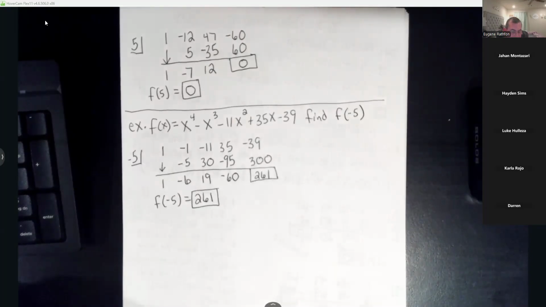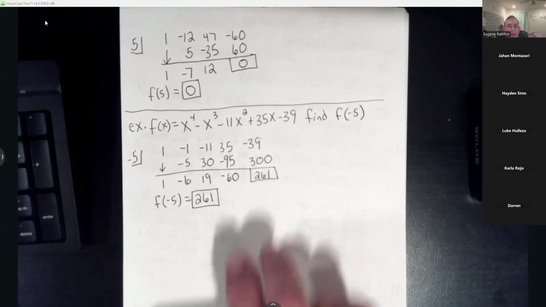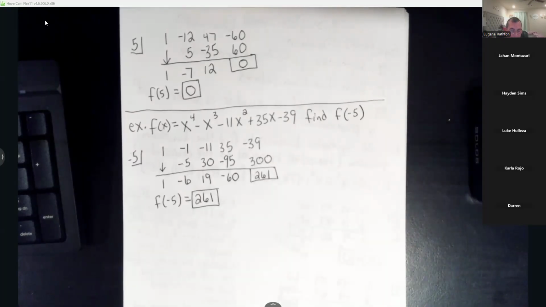So y'all, this synthetic division is not too bad. You just got to get used to the pattern, okay? So now let me do this, and we're going to check and see whether numbers are zeros or not. So that's going to be next.